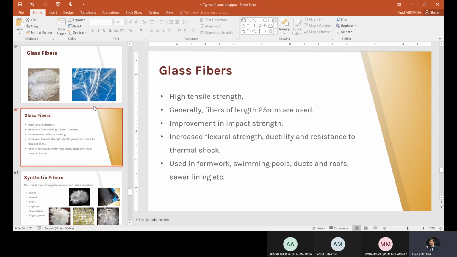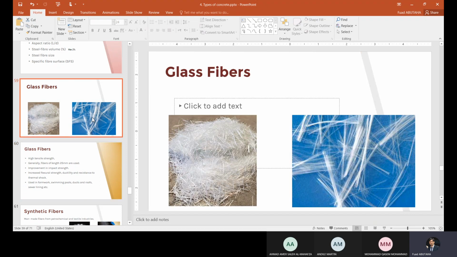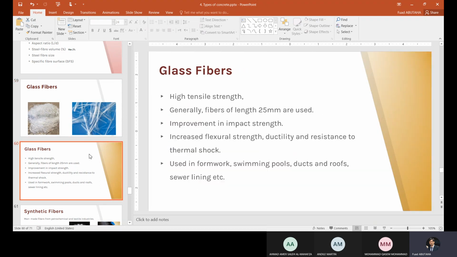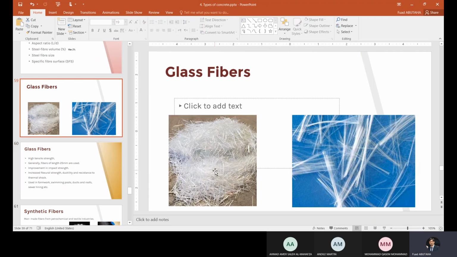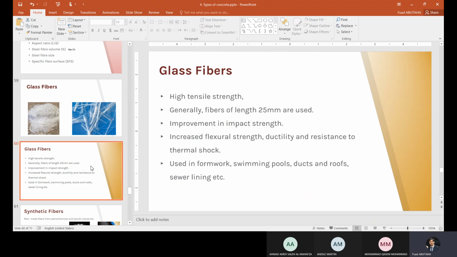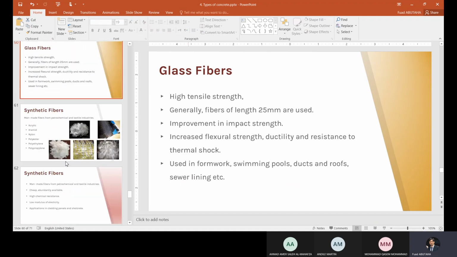Not all fibers can improve the compressive strength of concrete, but they all contribute to the tensile properties. The use of glass fiber or nylon fiber in the mix can either not affect the strength or reduce the compressive strength, but all of them will contribute to the tensile properties in the concrete.